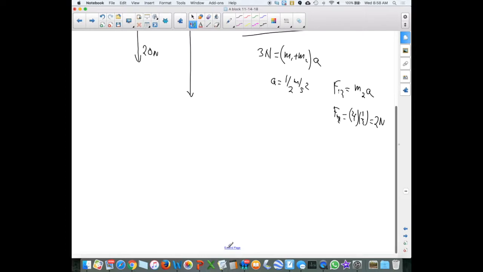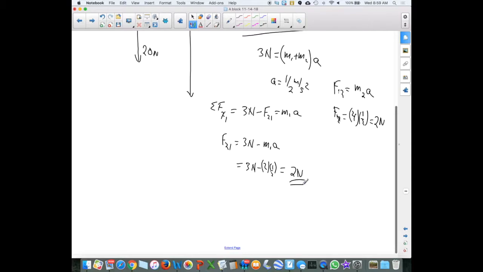What's worth looking at is, remember that the sum of the forces in the x direction on the first block looked like 3 newtons minus F of 2 on 1 is equal to M1 times A. So F of 2 on 1 is going to be 3 newtons minus M1A. 3 newtons minus M1, which was 2, times a half, is equal to that same 2 newtons, right?